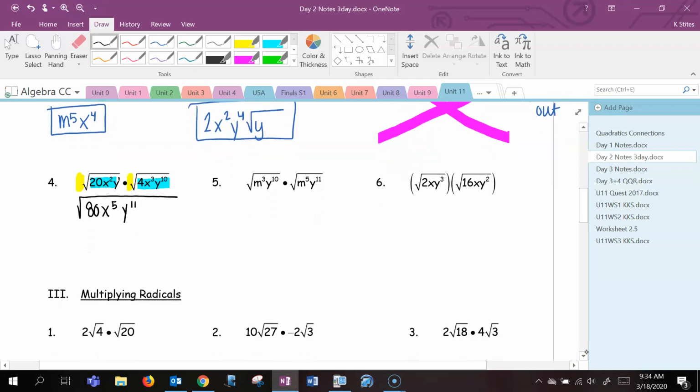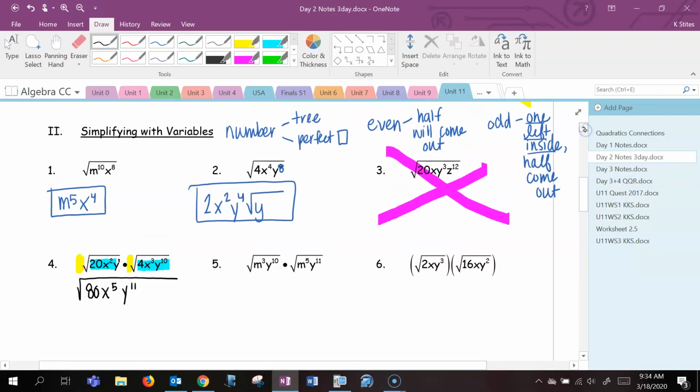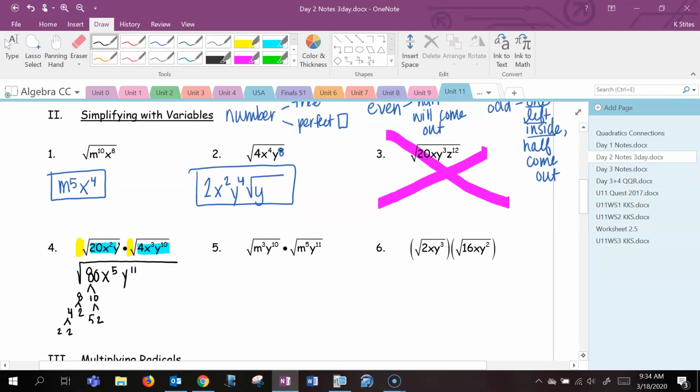Now we're going to go through what we did above. This is a number here. I'll move up so we can see our rules. 80 is a number. It's not a perfect square, so we'll do a tree. 8 times 10, 4 times 2, 2 times 2, 5 times 2. And you should see that we have a pair of 2's, circle, cross out, another pair of 2's, circle, cross out, and then we're going to underline the 5.